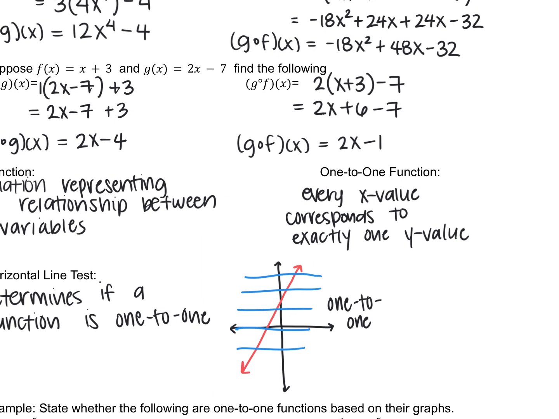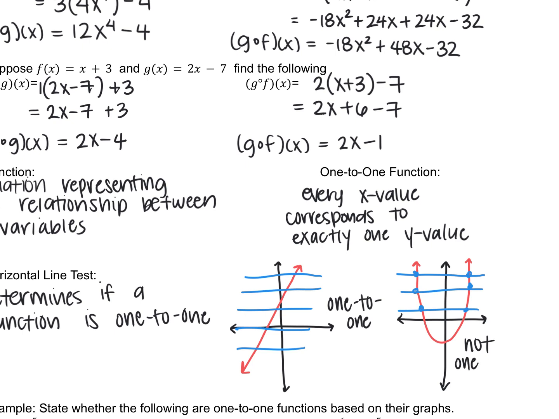Whereas if I draw a quadratic, so my U shape, and I draw horizontal lines, they are going to touch in multiple places. And it doesn't have to be that the horizontal line always touches in more than one place. It's that if any horizontal line touches it in more than one place, it's automatically not one-to-one. So this one is not one-to-one.